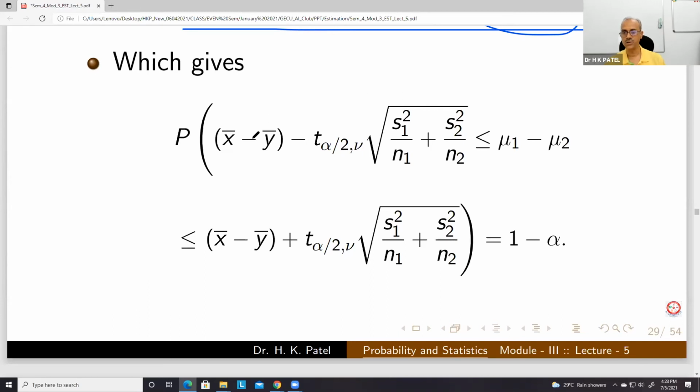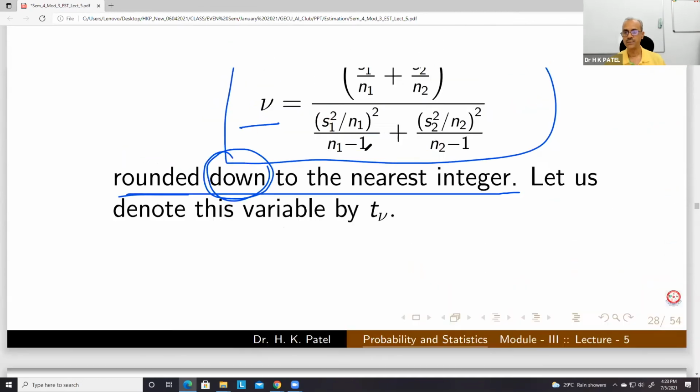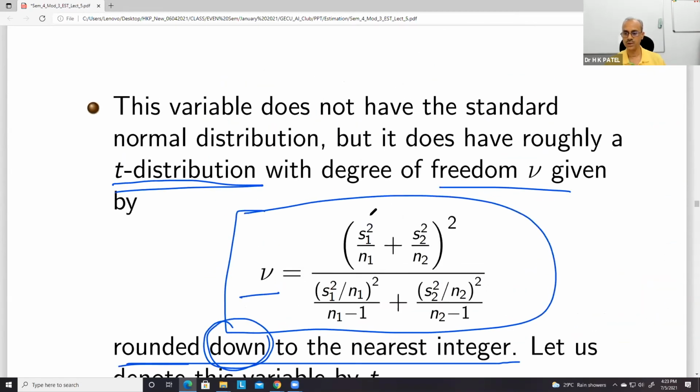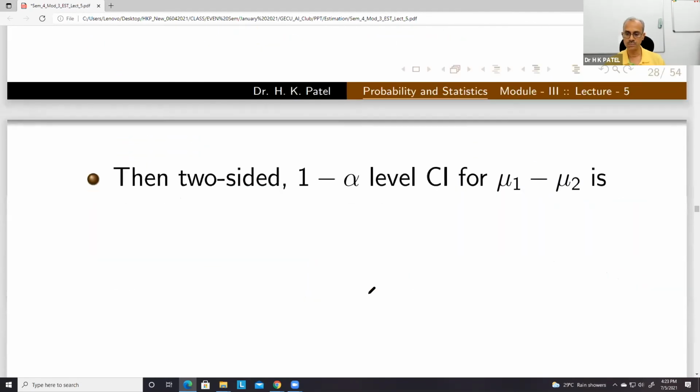The values here are the difference of means, then T alpha by 2, and then under root s1 square upon n1 plus s2 square upon n2. The only difference is that the calculation of nu has changed here. This is new. With the help of this, we can find the degree of freedom.